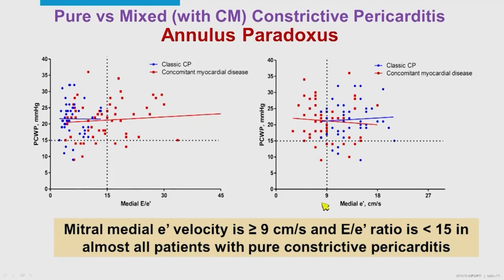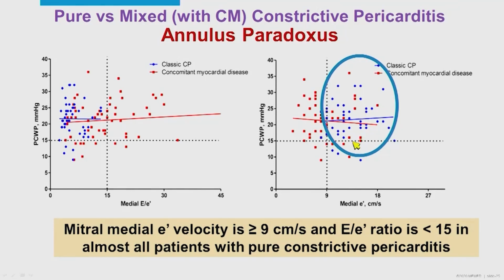Their E prime velocities, almost all of them, are greater than 9 centimeters per second. But in patients with the mixed disease, these red dots, some of them actually do have the E prime velocity of lower than 9. It can be 6, 7, 8 centimeters per second. So it may be sometimes tough to separate this patient from myocardial disease.